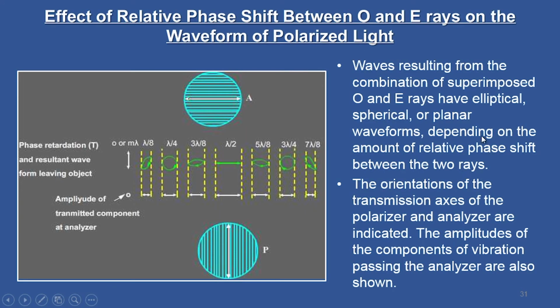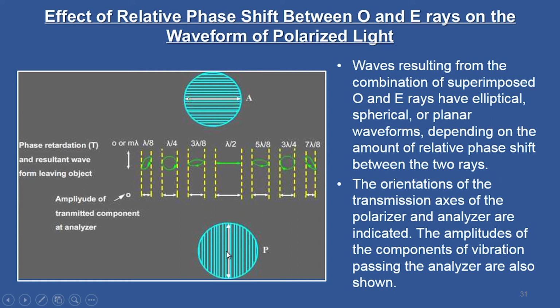And now we see how the phase shift I talked about between the E and O rays is understood: the effect of relative phase shift between ordinary and extraordinary rays on the waveform of polarized light. Look at this, we have two polars, one is the analyzer and the other is the polarizer.